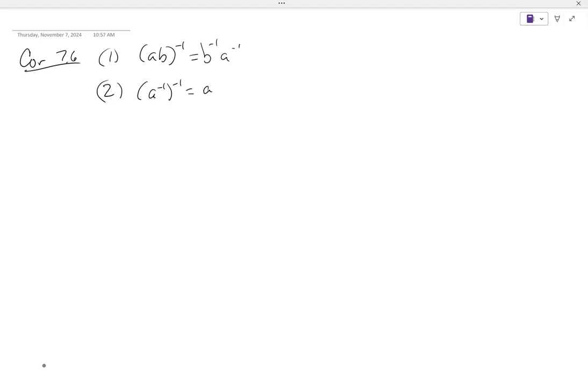The left-hand side of the first one says, I want the inverse of the element that's created when I do the A and the B and put them together, right? The right-hand side says I have something that's equal to it. So what we're going to do is show that the right-hand side functions as the inverse of the left-hand side. And then since inverses are unique, it has to be the inverse.